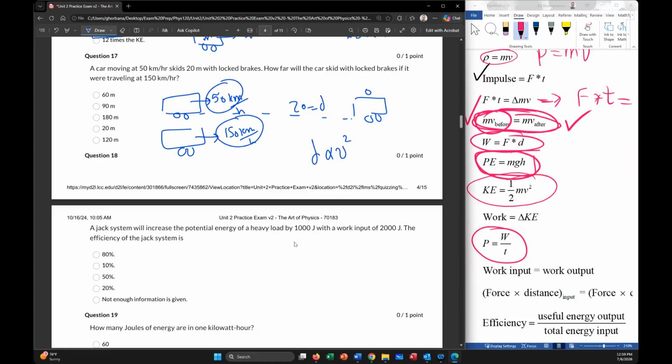Now at 150 it is 9 times bigger than 20. So again, stopping distance is directly related to the velocity squared. If the velocity doubles, the stopping distance will quadruple. If the velocity triples, the stopping distance would be 9 times bigger. So 9 times 20 is going to be 180 meter.